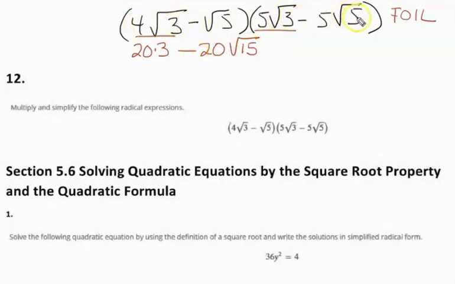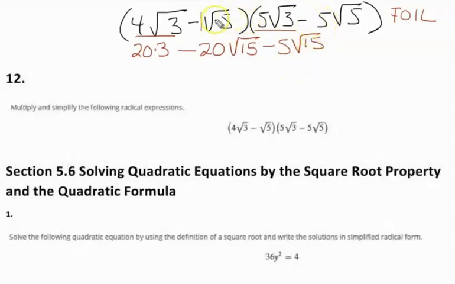Square root of 3 times the square root of 5, square root of 15. Now we're going to do our inners. Now there's a 1 there that we don't write. So negative 1 times 5 is a negative 5. Square root of 5 times the square root of 3 is the square root of 15.